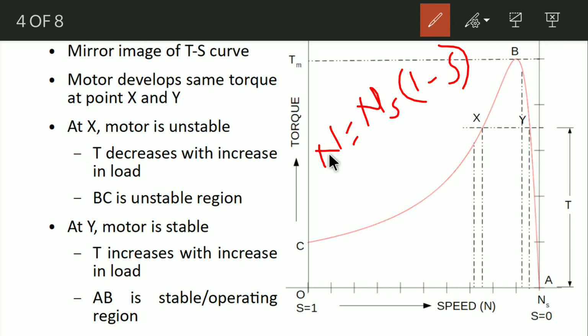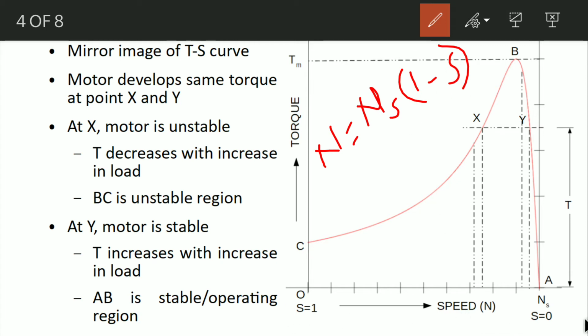In the previous case, we were going from here to here, that slip was increasing from 0 to 1, but here we are taking speed on this line, so speed is 0 here and Ns here. It means speed is increasing. If speed is increasing, slip will be decreasing.